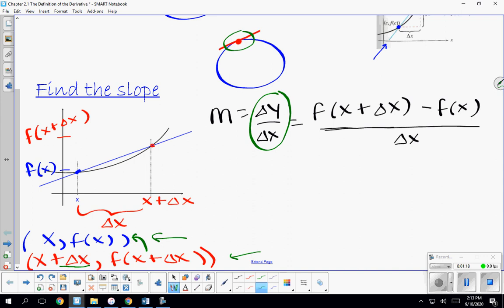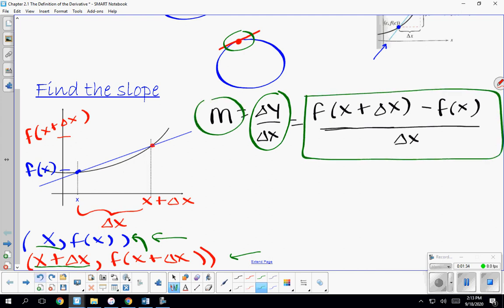We could also take our x values and subtract them. And what we ended up getting was x plus delta x minus x. But since we can combine like terms, those canceled out. And we're left with this big ugly version of just the slope formula. So that's how we find the slope between 2 points in a secant line.